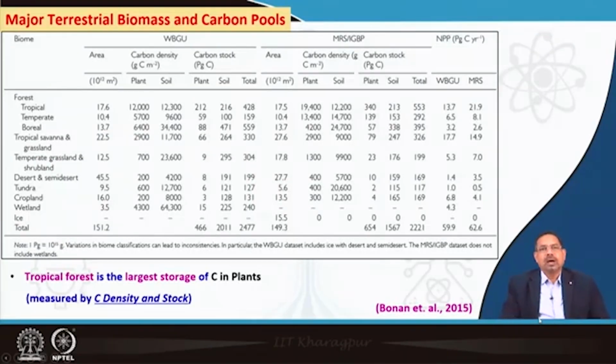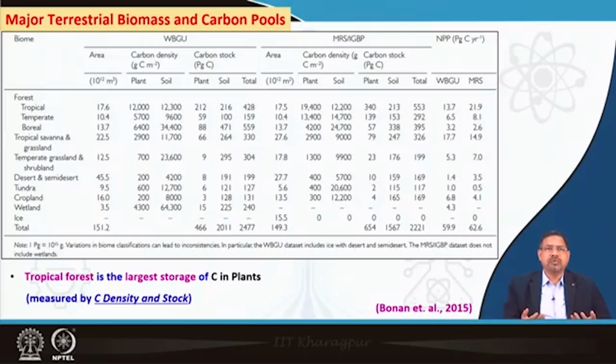And now, let us take a look at the major terrestrial biomes and the carbon pools. Friends, because of this variation, because of this constraint in terms of the structural, the geographical, and the functional variations, the various forests will definitely have different quantities of carbon synthesis or carbon sequestration.